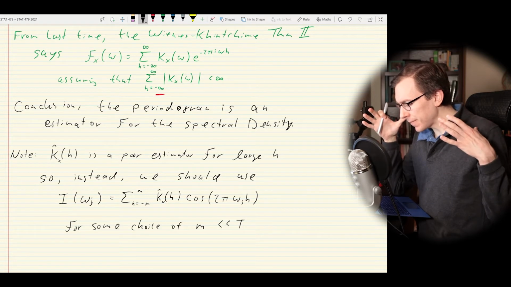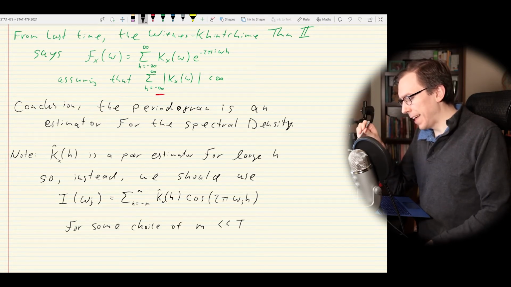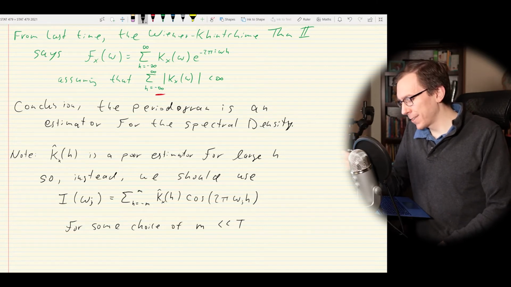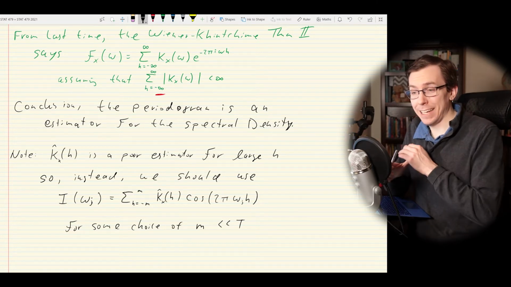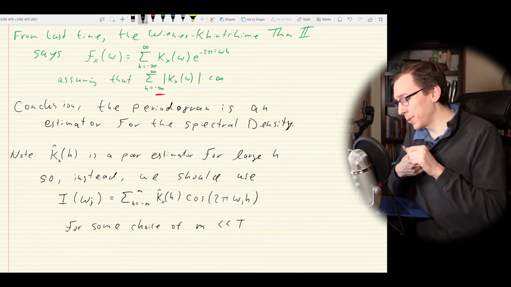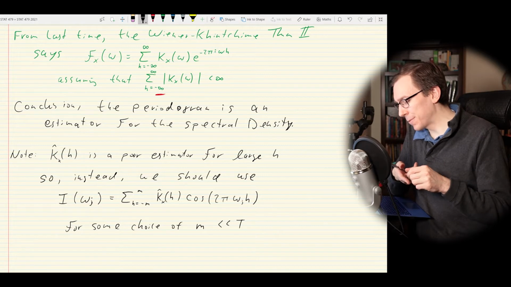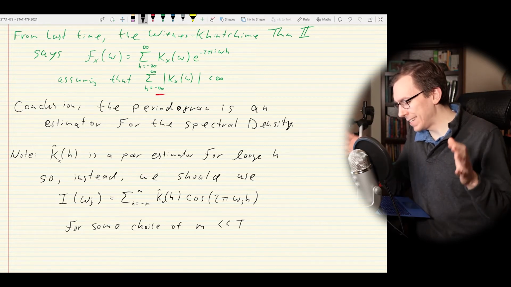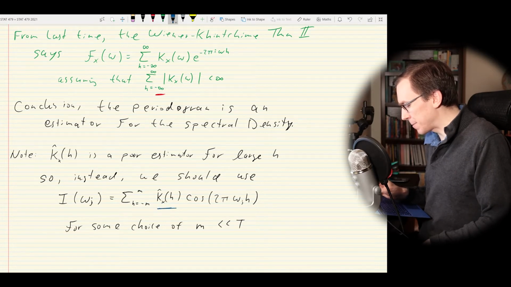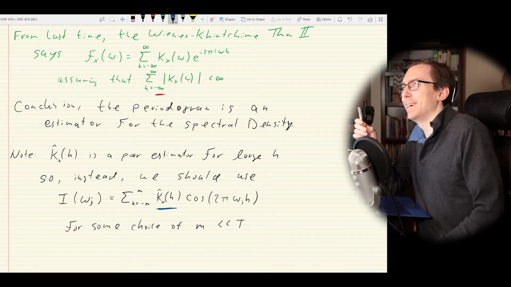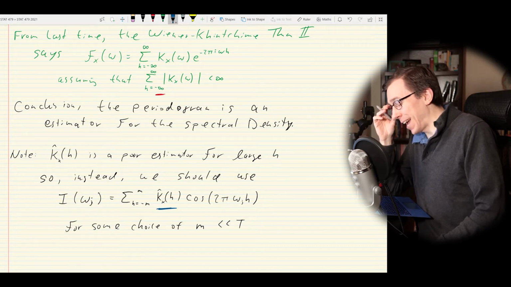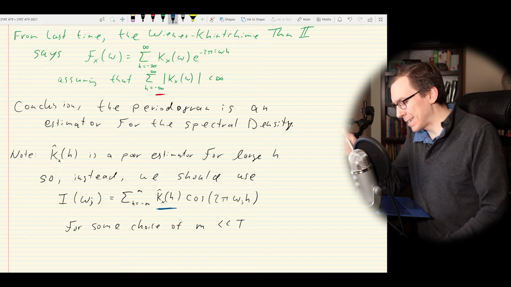But in our case, it's just good to note that, well, what are we taking away from this? We're taking away that our periodogram is estimated from the data, and the periodogram is an estimator for the spectral density. But we have to account for the fact that we only have a finite amount of data, and that these autocovariance estimates start to become a bit untrustworthy, say, as h gets bigger, because we have fewer data points to estimate it with.